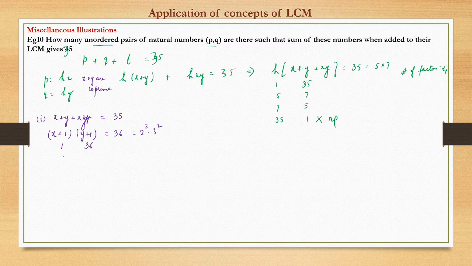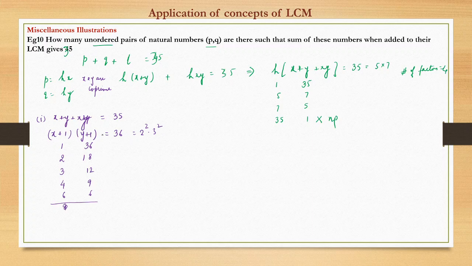So 1 into 36, then 2 into 18, 3 into 12, right? Then 4 into 9, then 6 into 6, then it will repeat rather. Whatever the value y has taken, now x will take just a pair. And since we are concerned with unordered pairs, we need not go beyond here, only till here.